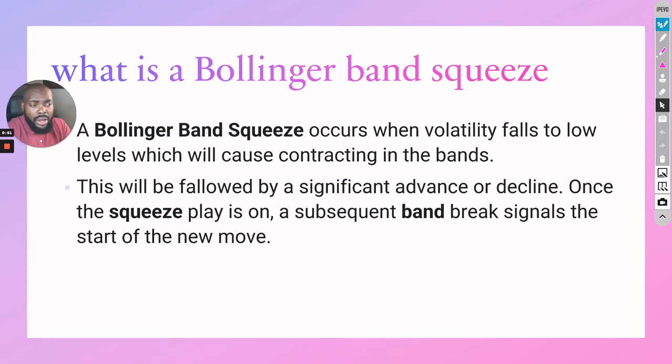Basically, once the stock starts to break out of the Bollinger Band, the breakout of the band is the squeeze, and that's where we would look to take an entry on that stock in anticipation of that big move to the upside or that big move to the downside.